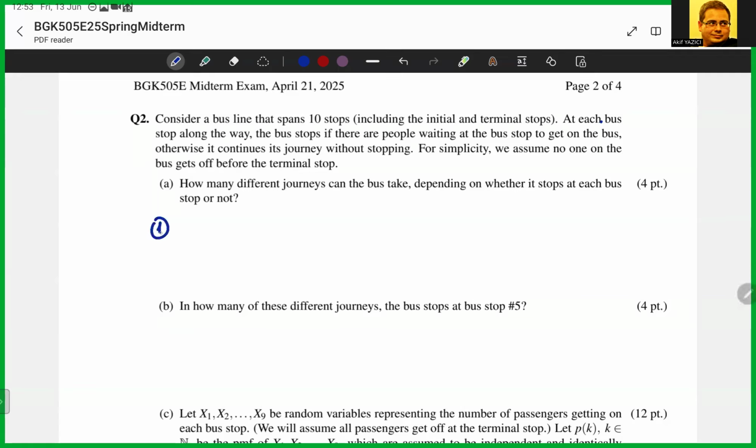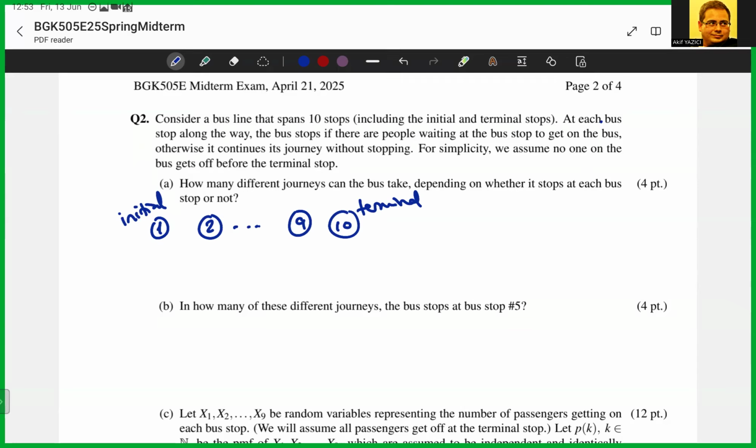So let's say this is 1, that's the initial stop. Number 2, number 9, and stop number 10. So this is the initial stop. This is the terminal stop. And it's the understanding that the bus will definitely stop at the initial and terminal stops.